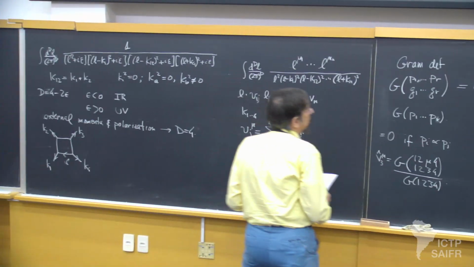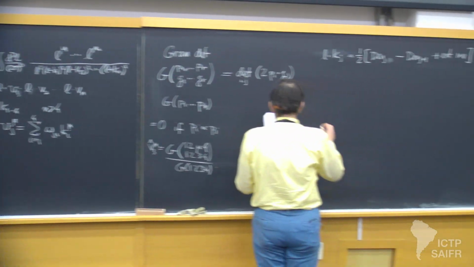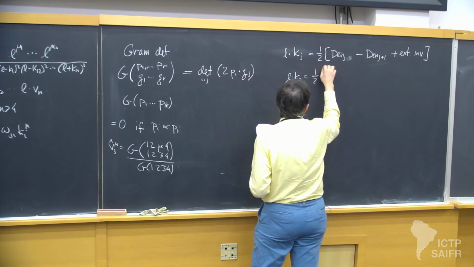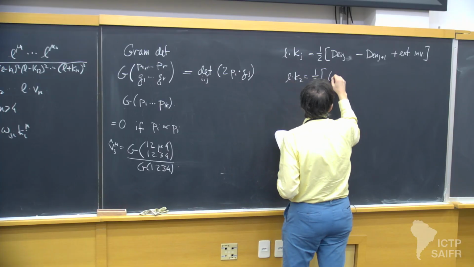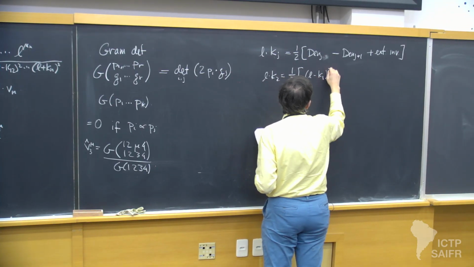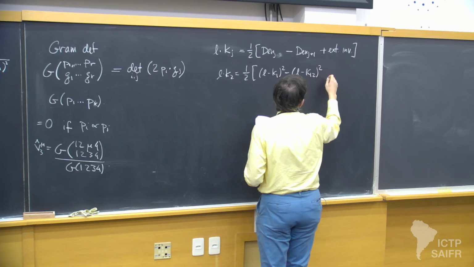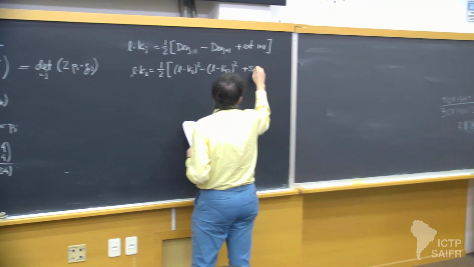So for example, if we have L dot K2, then we can write that as 1/2 times (L minus K1) squared minus (L minus K12) squared plus S12.